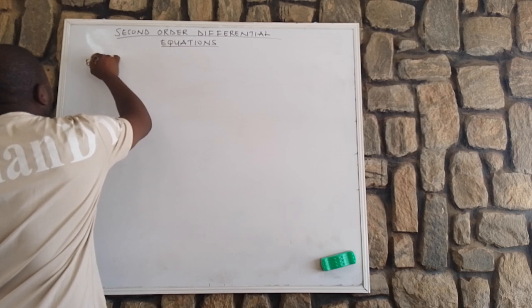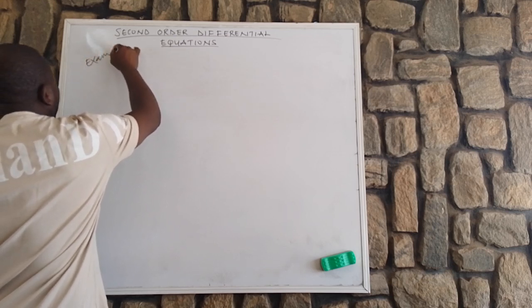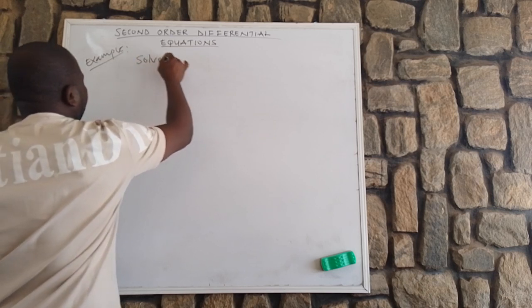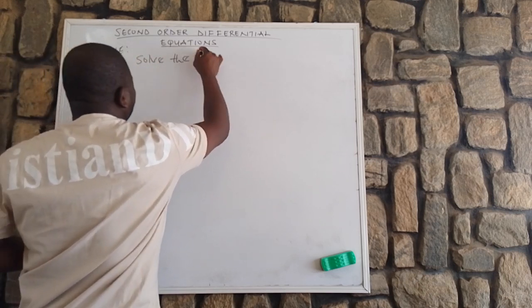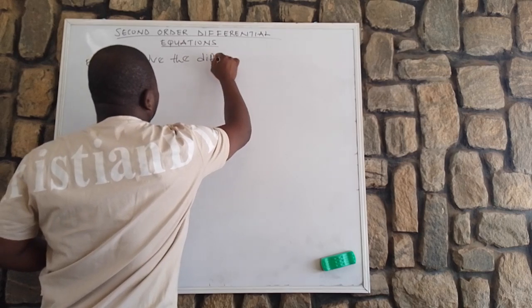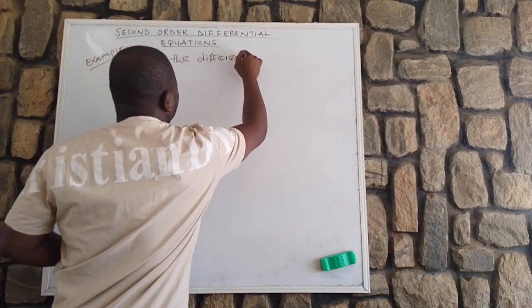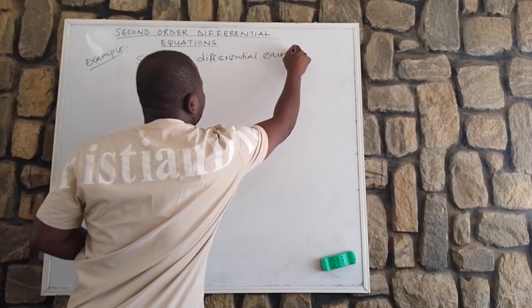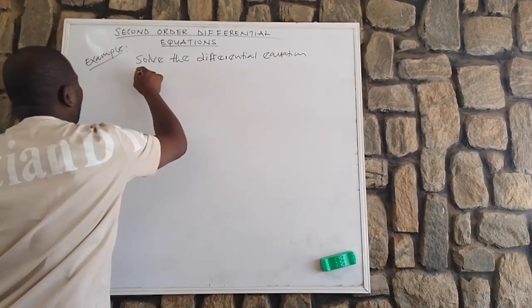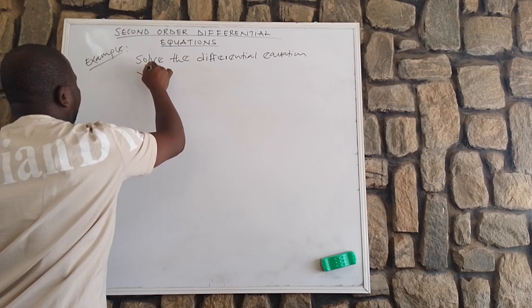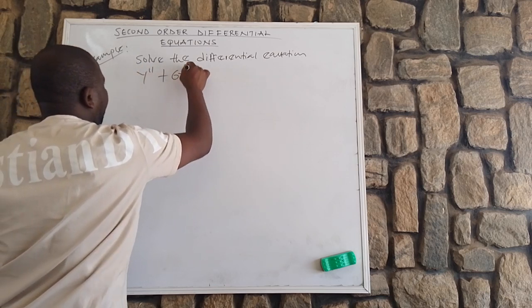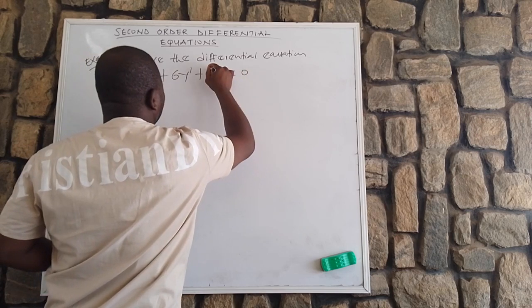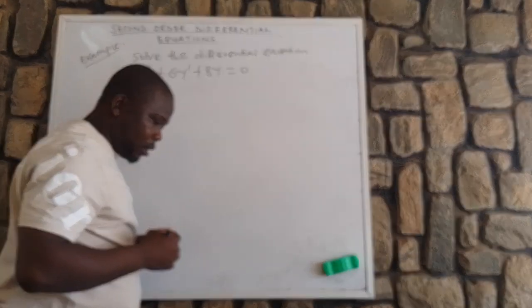Example. Solve the differential equation. It's simple as ABC: y prime prime plus 6y prime plus 8y equals 0.